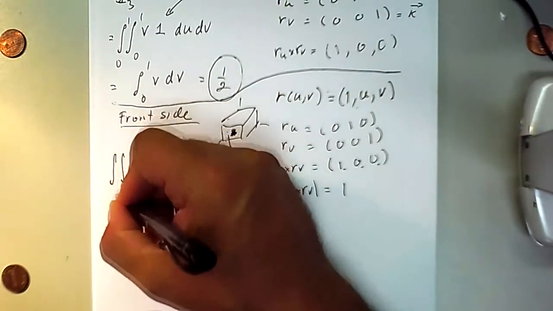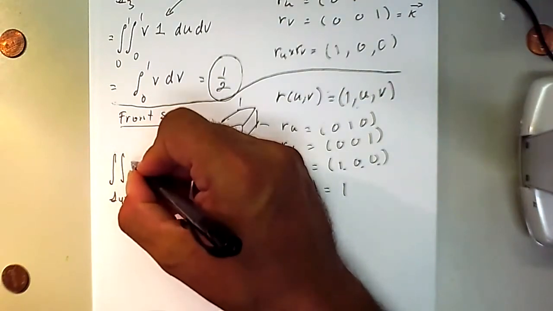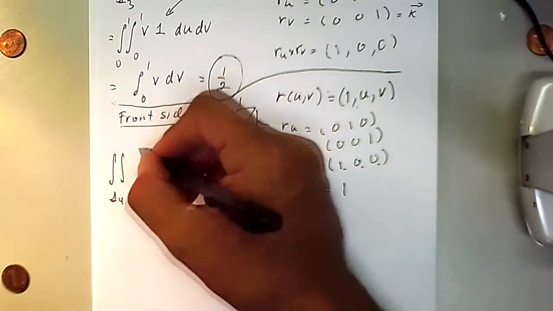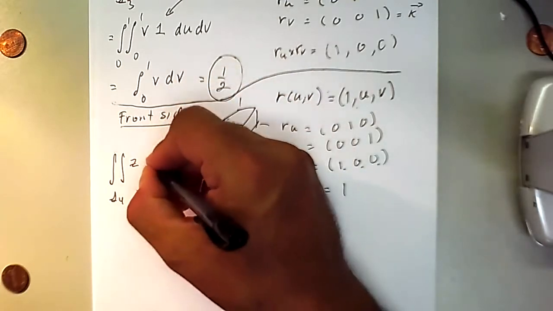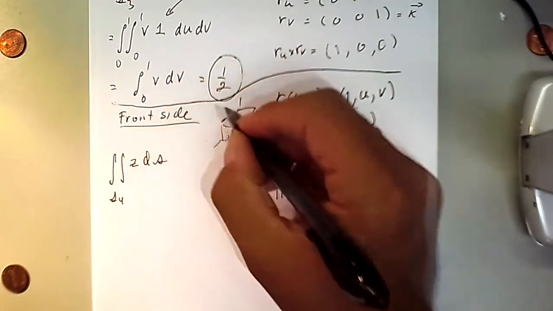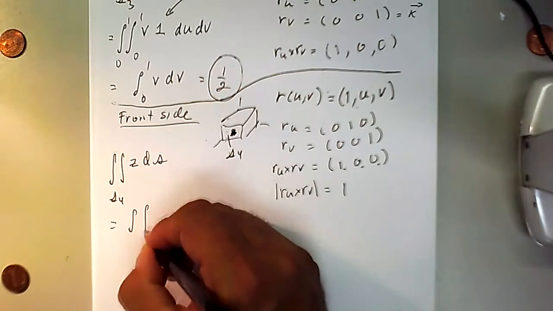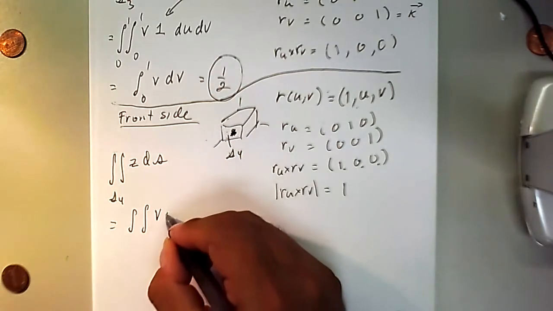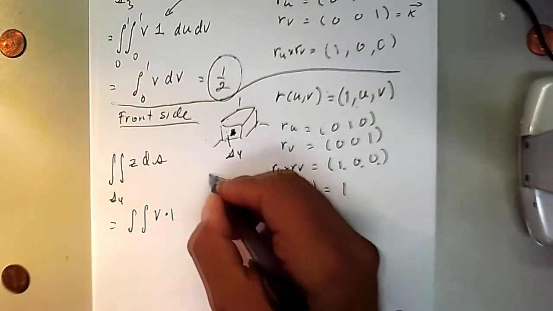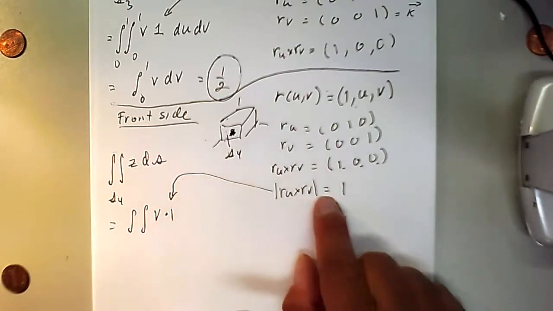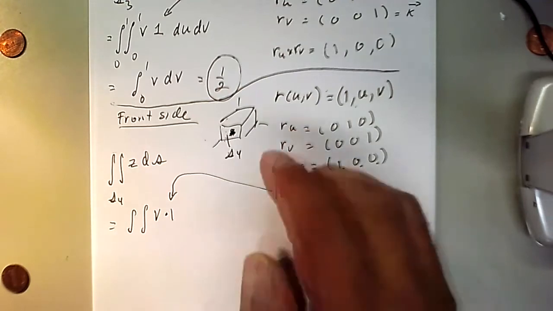So the double integral over S sub 4 of z, or v, I guess it depends how far back you want to start with. So that is the iterated integral of v times 1, and 1 comes from the magnitude of the cross product of the partials of r.